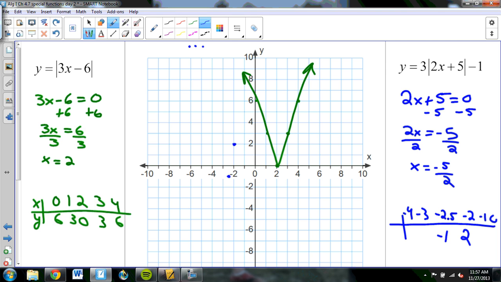Let's do negative 1 also. 2 times negative 1 plus 5 is 3. Absolute value of 3 times 3 minus 1 is 8. So that's the point (negative 1, 8). Here's half the graph.